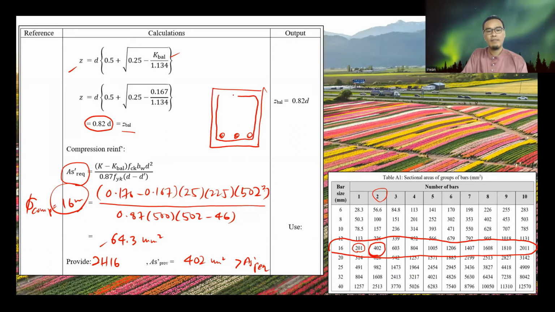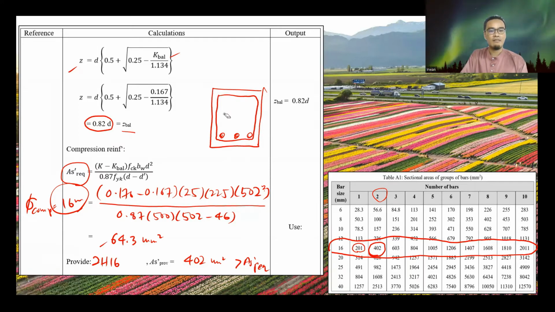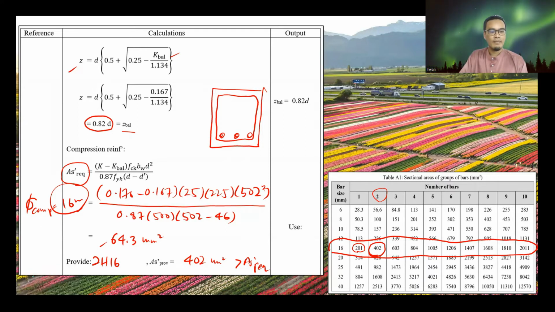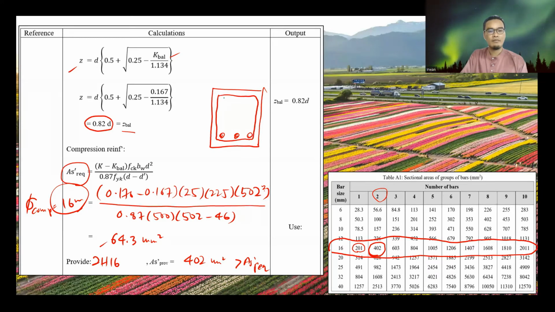If you provide only one here, this is impractical on site. This is impractical for the workers to install this kind of reinforcement. So you provide a minimum of two.